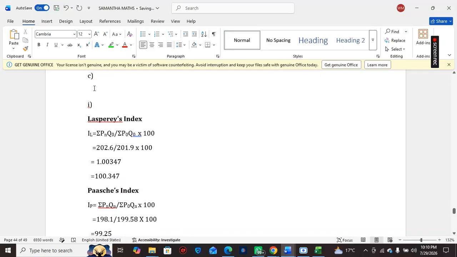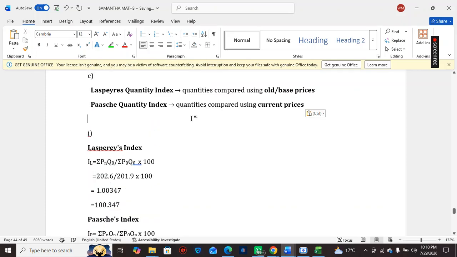So let me define this for you. Laspeyres price index, not quantity index, now price index: prices compared using old, or the base year's quantities. Here we're measuring price change using base year quantities.